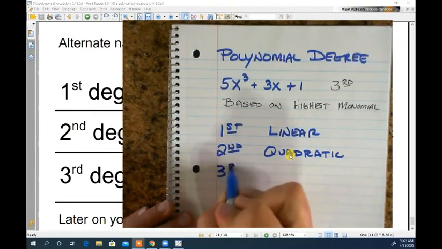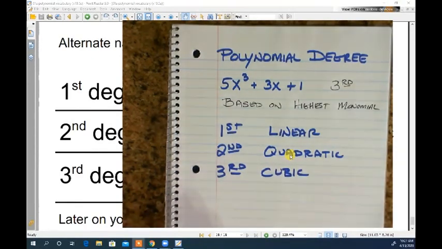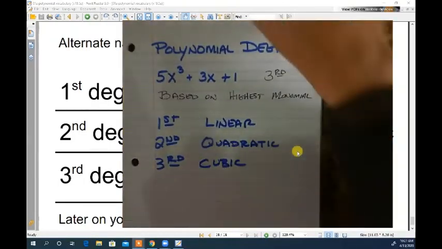And a third degree is called a cubic. Get those in your notes.